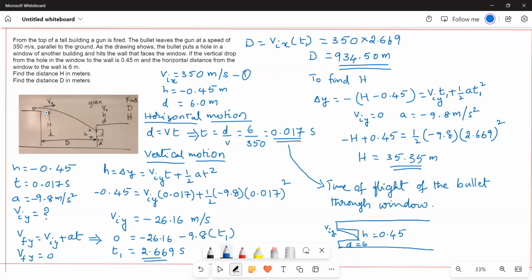While finding the total displacement along the y direction, I have to deduct the opening, the y component of the window. Here again the bullet is coming down, so I take the distance as negative. So negative of h minus 0.45 is equal to Viy t1 plus half a t1 squared. Here t1 is the total time of flight of the bullet.